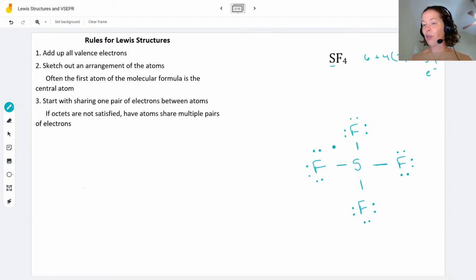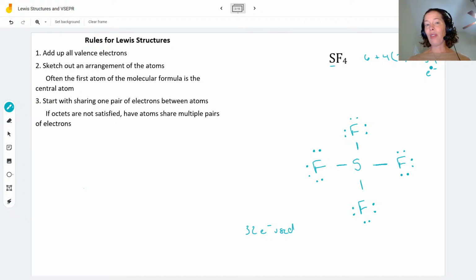Okay, so I have used 32 electrons, but I have maxed out everybody's octet, but let's double check. So I'm just going to write a little note to myself. 32 electrons used. I have 34, so I cannot just destroy electrons out of nowhere.